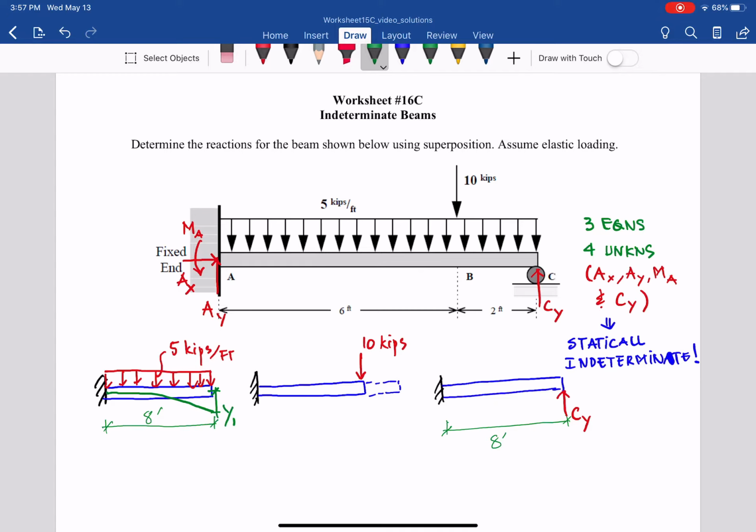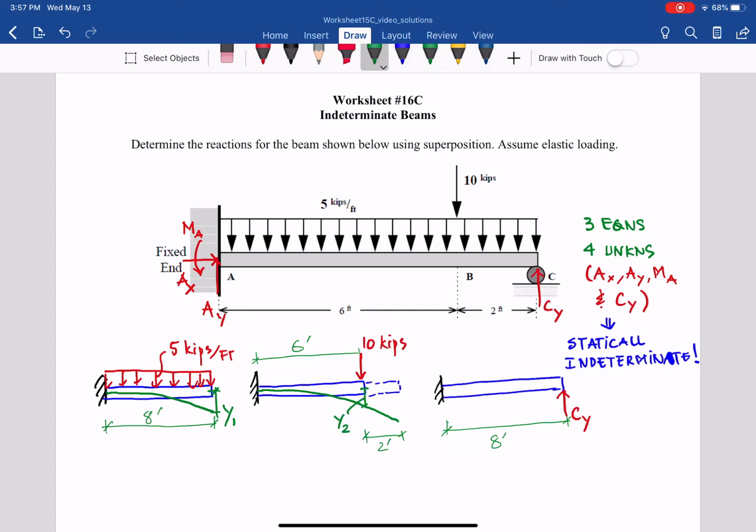And then the 10 kips at the location 6 feet from the fixed support, this beam will deflect and then continue to deflect for another 2 feet.